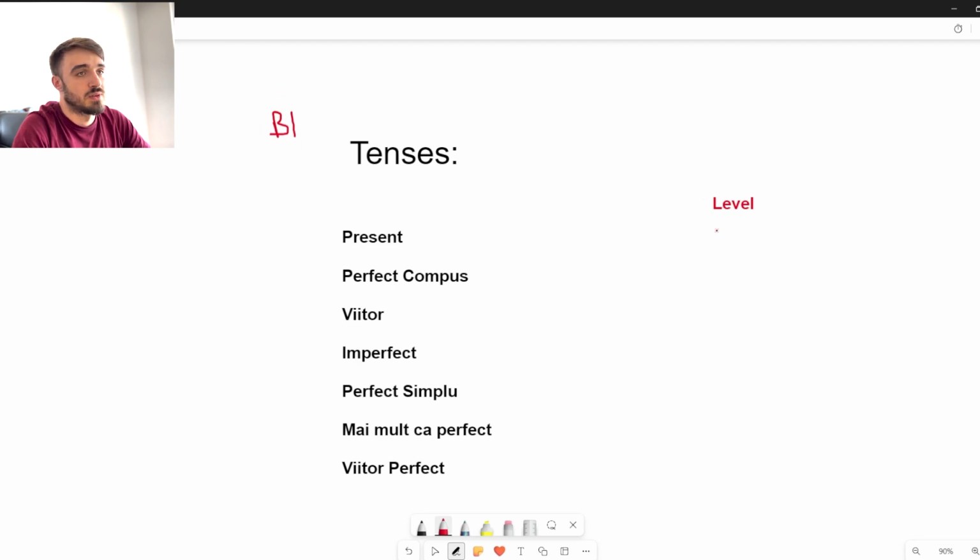So if you will see any level assigned to verbs, tenses, moods, voices, they will all be from, let's say, A0 to B1, right? In this situation, I would not even consider A0, because A0 is more like when you learn how to say bună ziua, and when you learn how to say eu sunt.